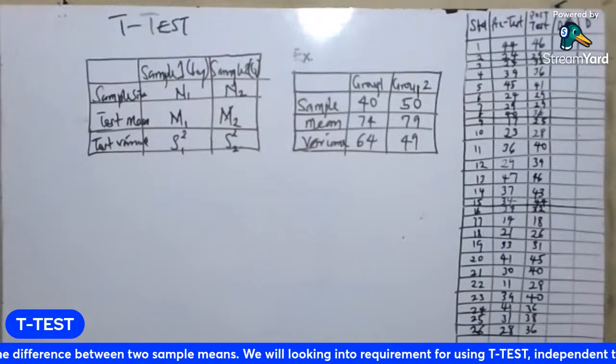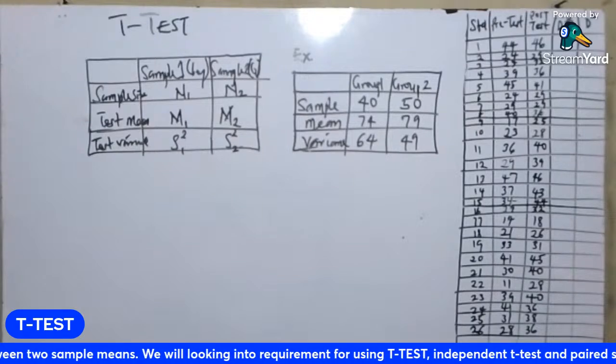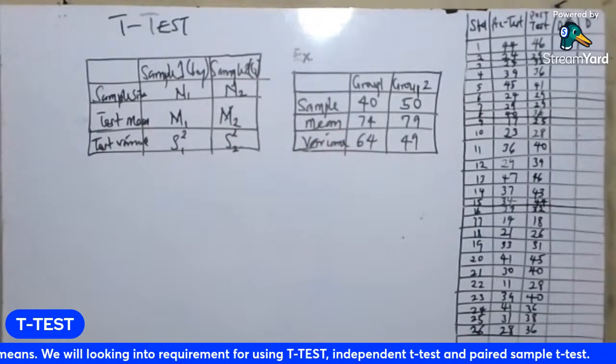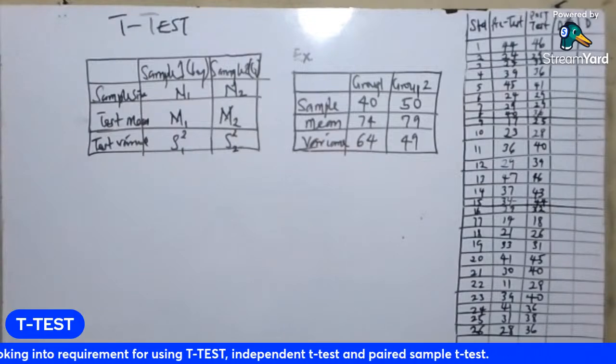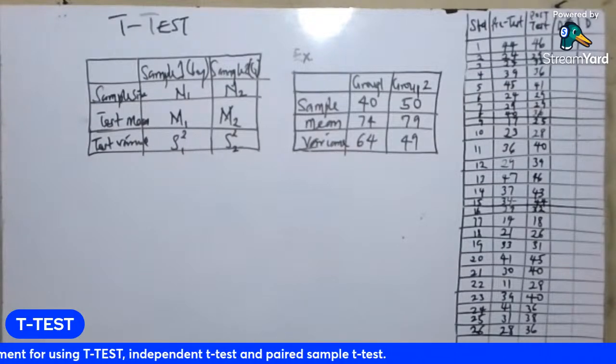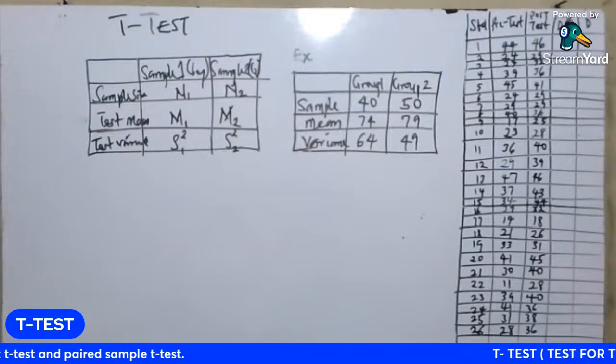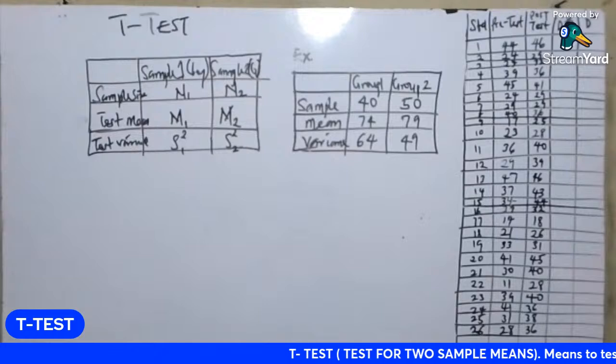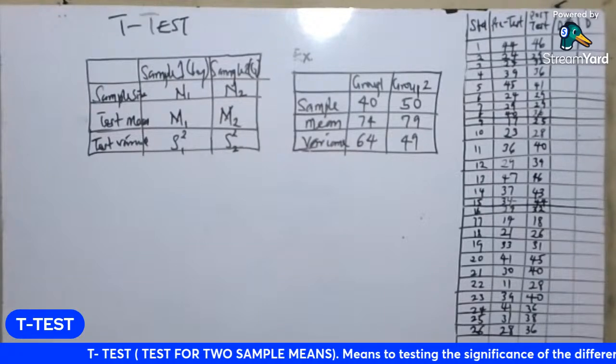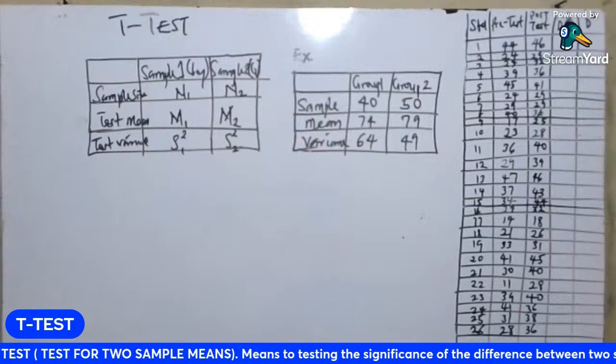So the t-test is a test for two sample means. You need to have that at the back of your mind. Anytime you are testing for any two sample means, like male and female, you have to make use of the t-test. But if it is more than two, you will need to use analysis of variance, that is ANOVA.